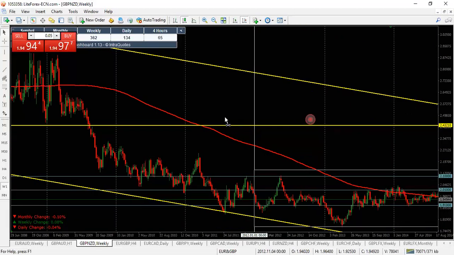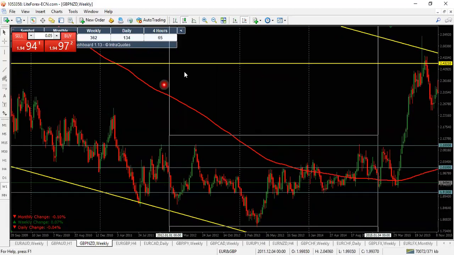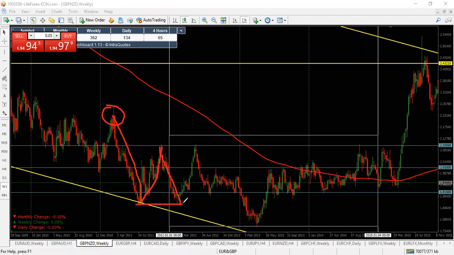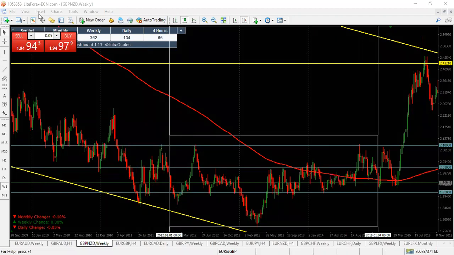So we have a market that is trending from this high to this low, making a lower high and also a lower low. But at this point, we can see that the market has been unable to break below this new low here.